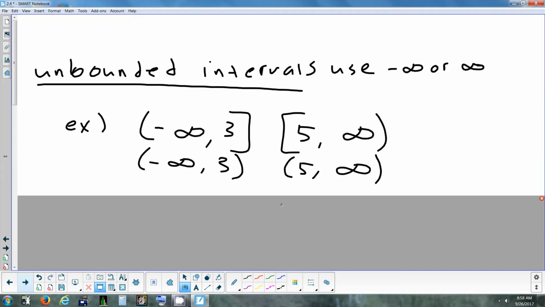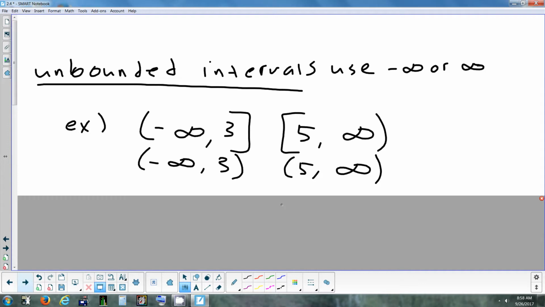So combining this with what we just went over, could you have an unbounded interval that's fully closed? What do you think? Sam, how come you're saying no? Because you can't have 2 brackets because of the infinity.